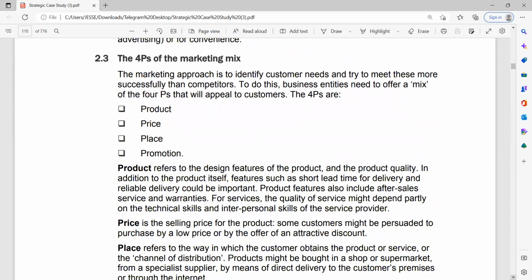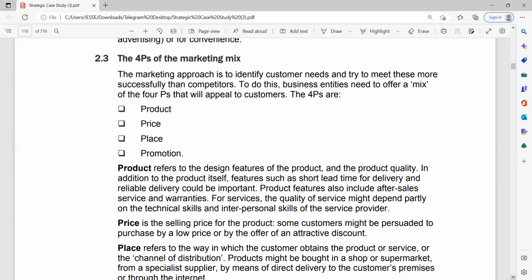Now let's talk about the 4 P's of the marketing mix. The marketing mix, if you haven't heard about this before, is an important model that you need to know for your exam. So what is the marketing mix? Very crucial.